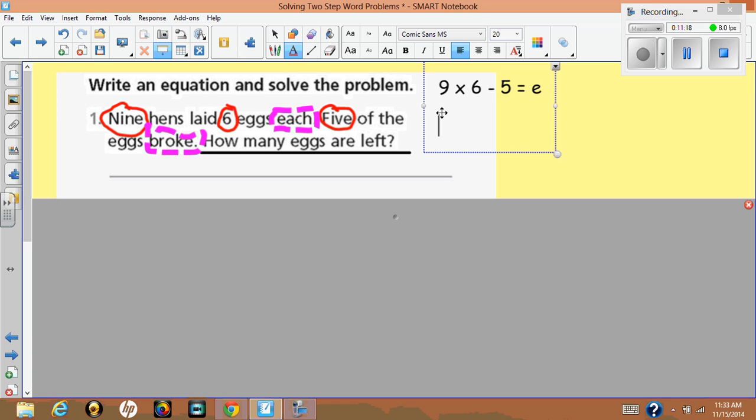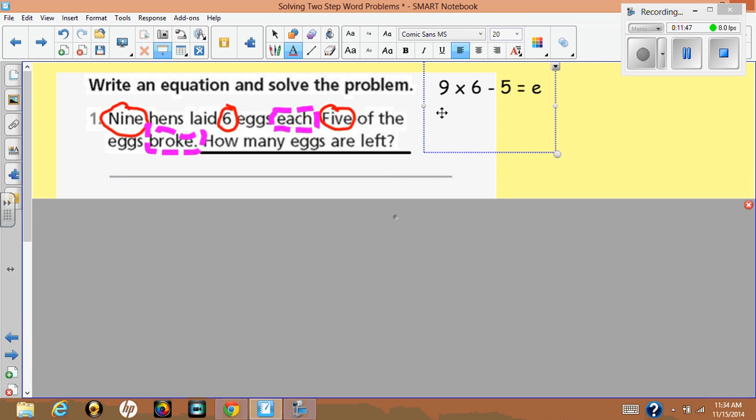Let's look one more time at our word problem and make sure that we have gotten all the information we need to answer the question, which is how many eggs are left. 9 hens laid 6 eggs each. 5 of the eggs broke. We have 9 times 6. That means how many they each laid. And then we are going to subtract 5 that broke.